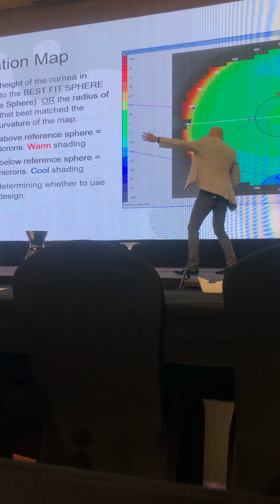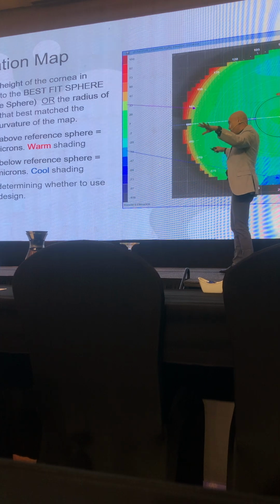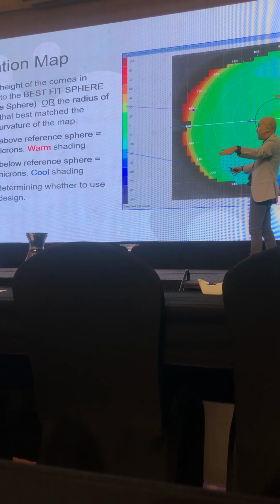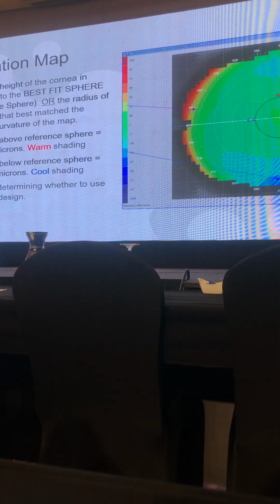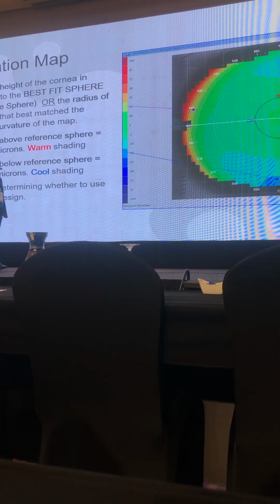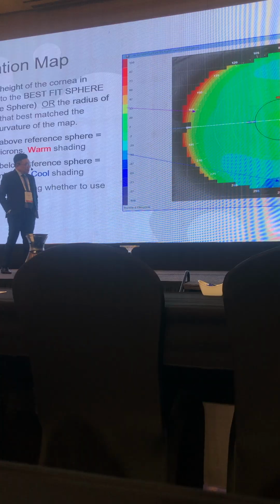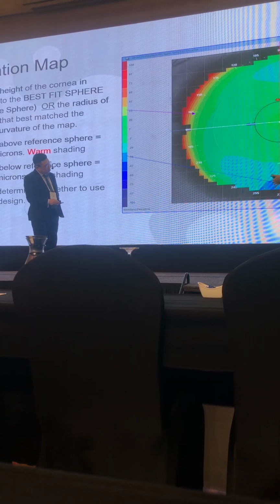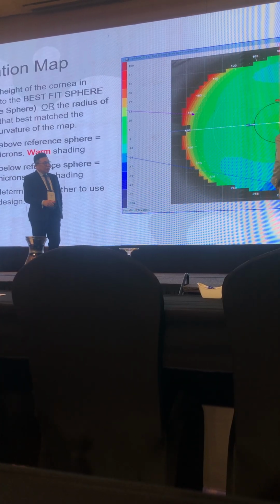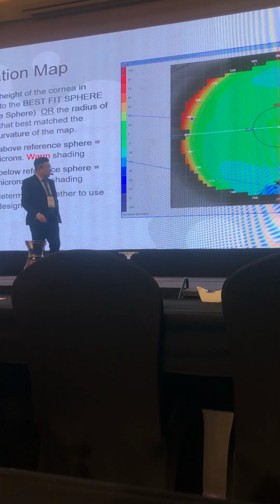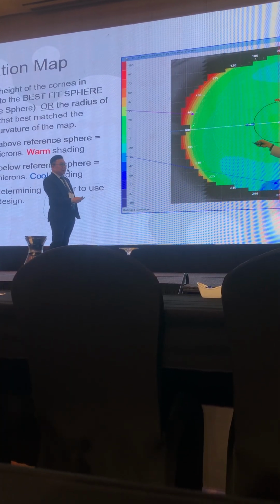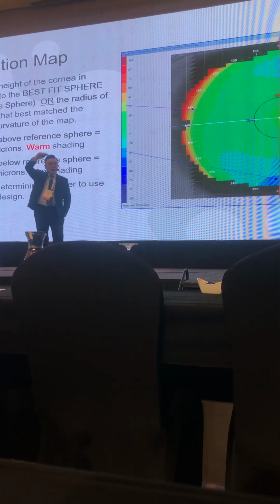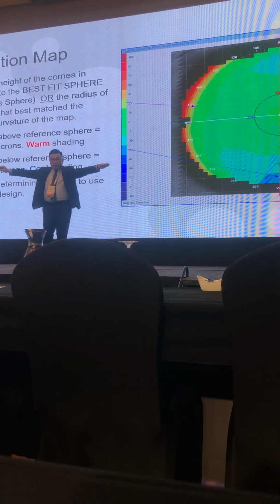The average of all the heights of the cornea is averaged, and then displayed in such a way that it shows the color scale. So most of the time the blue colors are cooler, so that's why we say more minus. The warmer colors are higher relative to the reference point.